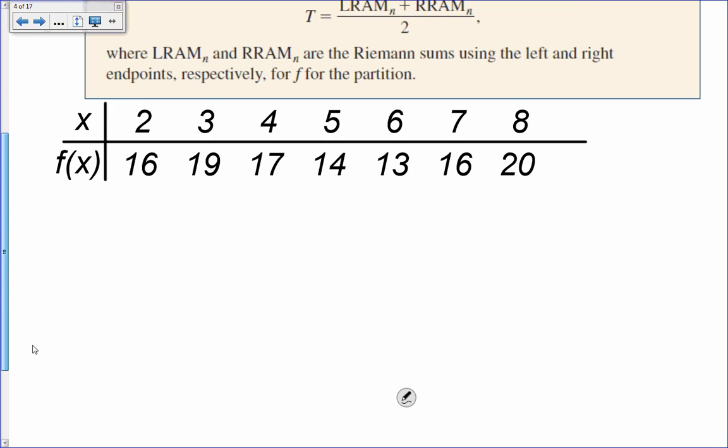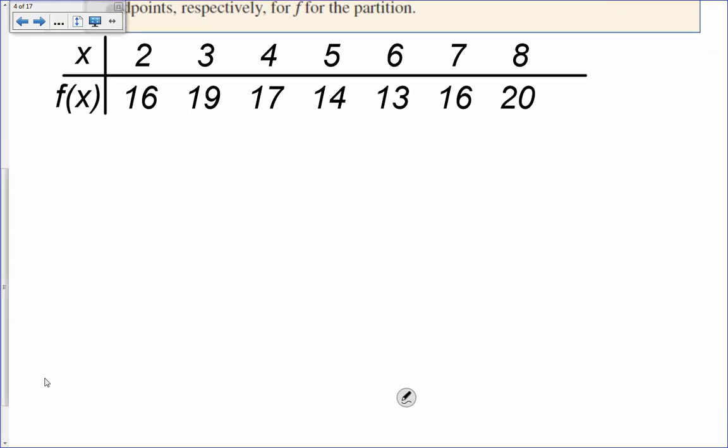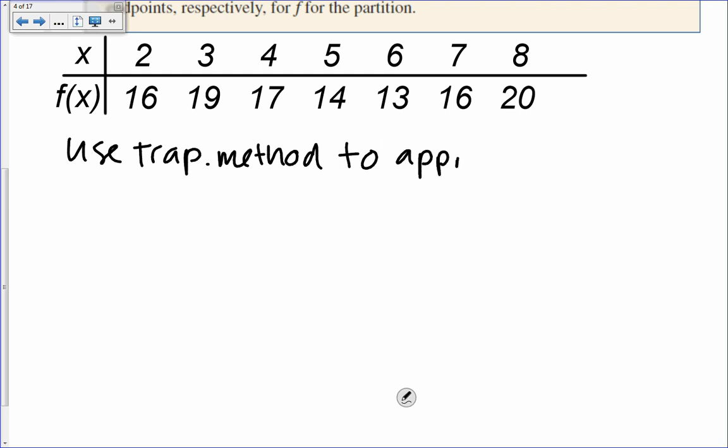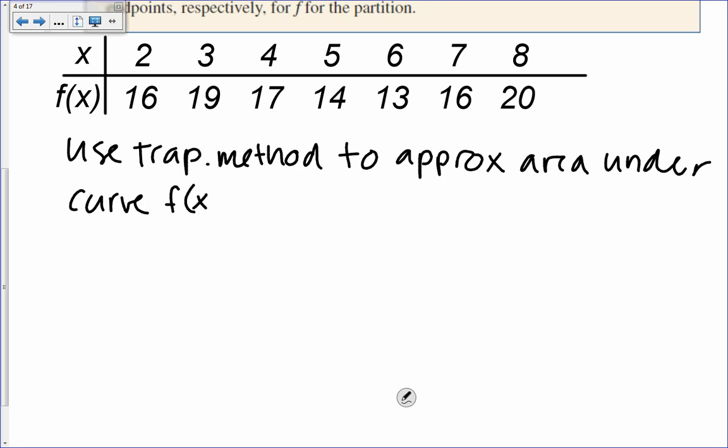So let's look at this data we're given, and let's use the trapezoid method to approximate the area under the curve of this function, which we're going to call f of x.